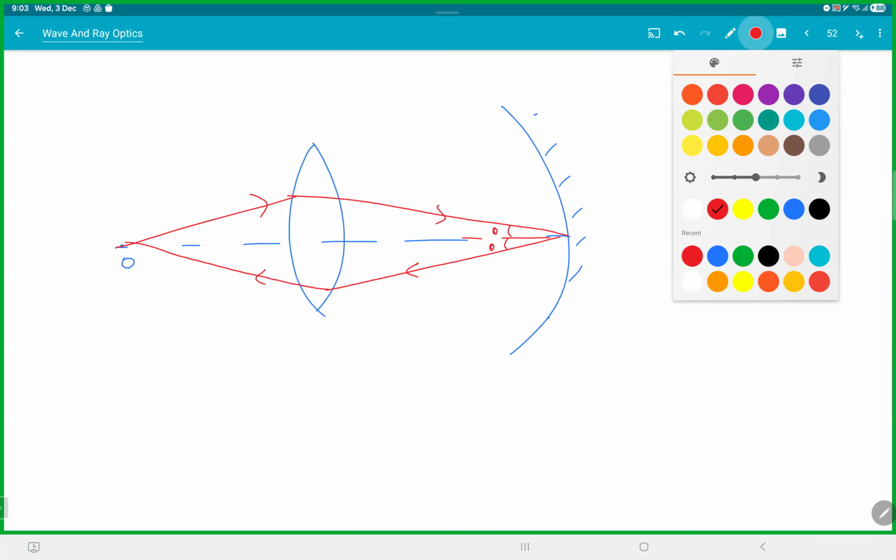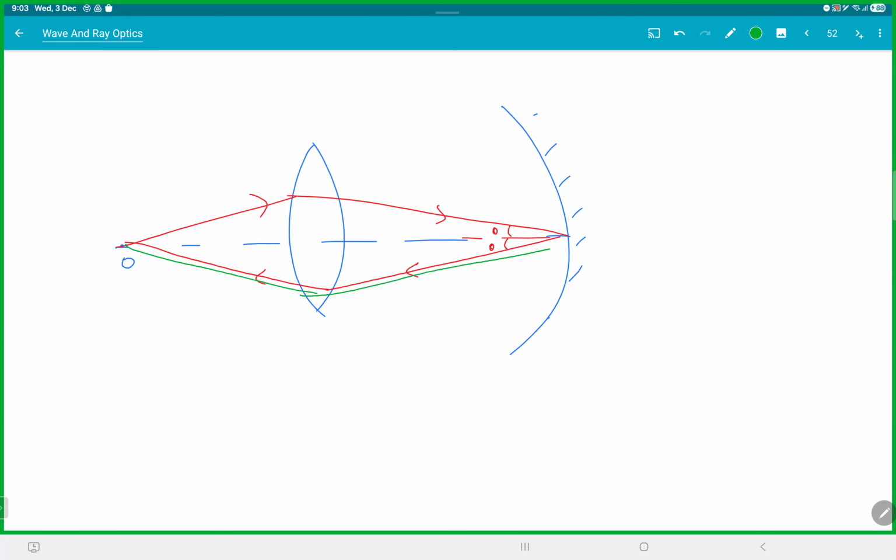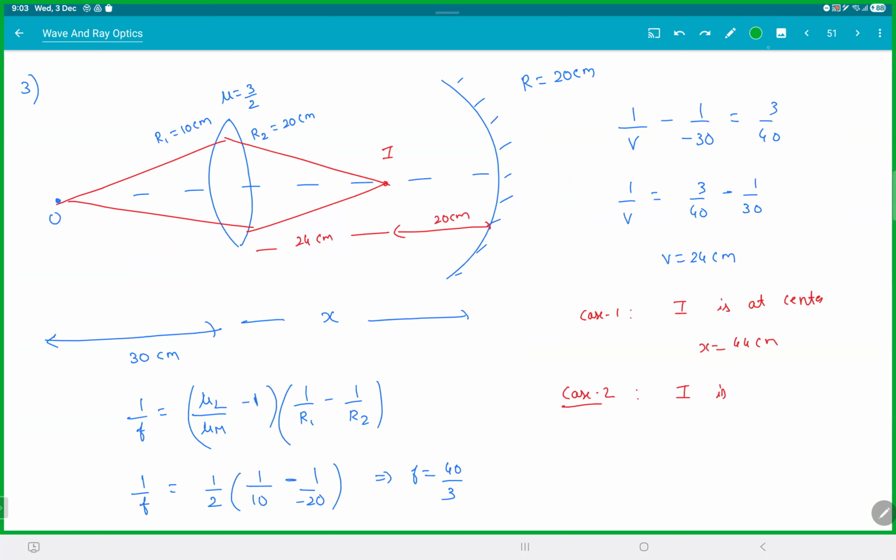The light ray which goes from the bottom will go to the top and come back here. So the image gets inverted, but it falls at the same place. This is the second possibility, where the image is at the pole. So in this case, x will be 24 centimeters. So both are right answers, 44 and 24, because we're taking a point object. Clear with this?